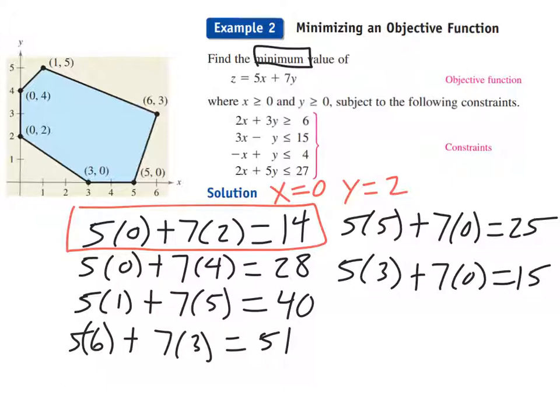Which means they either have to be in the shaded region or they have to be on the corners. The point 0, 0 is not a corner point, nor is it in the shaded region. So that's not even a point I bothered to check because I know it's not a solution to my 4 inequalities.